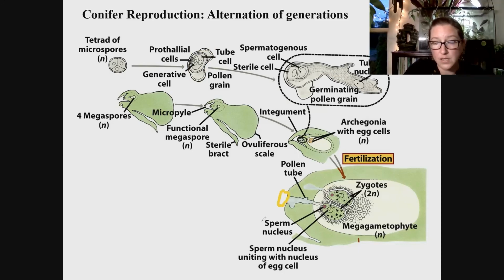Pollen grain would have landed right here, right? Mickey Mouse would have landed right there. The pollen tube cell would grow into the female gametophyte plant, and the egg and the sperm would be able to be united. And when that happens, we've got our 2N zygote. And the ovule is now a seed.